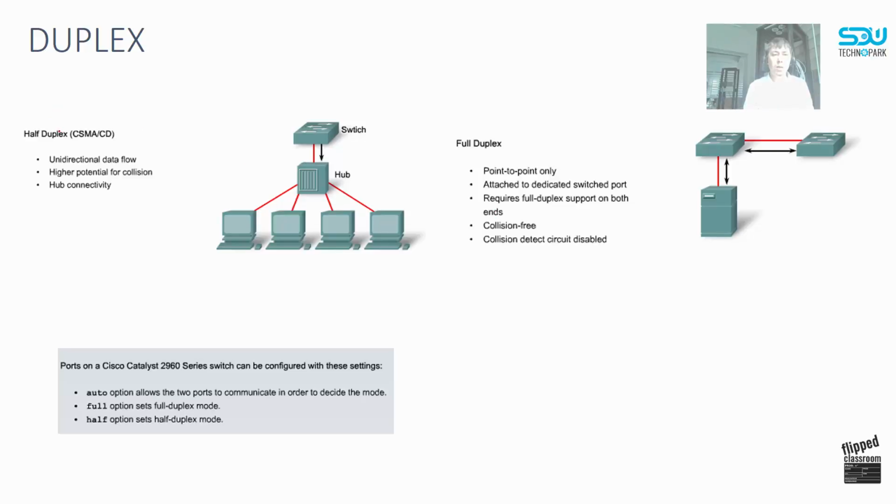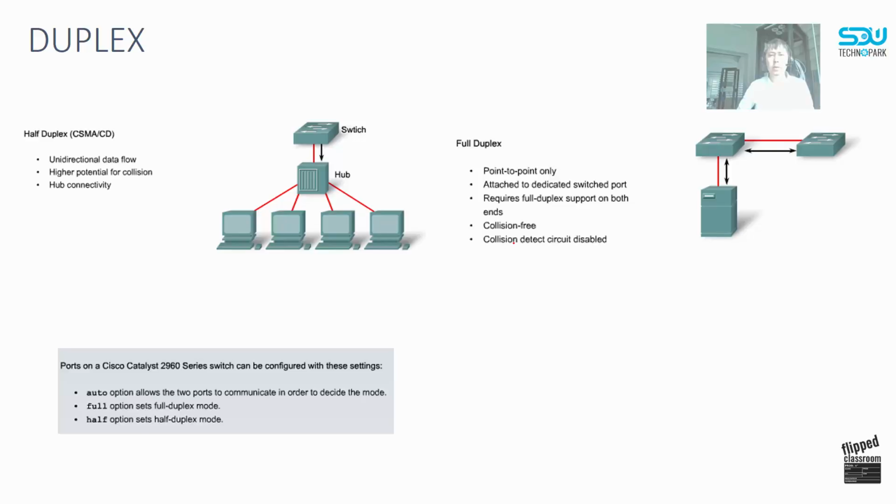So it means that CSMA/CD is not working in full duplex on the switch ports. In Catalyst 2960 switches, with which we are working in our laboratory, the switches can decide automatically to work in full duplex or half duplex.